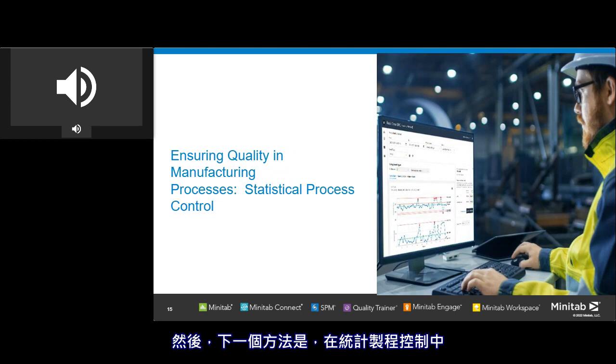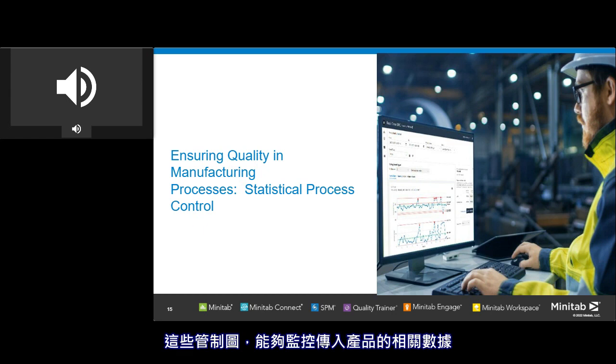And of course, the next way is within statistical process control. Perhaps this is the most well-known: when people think about control charts or say SPC, they're usually thinking about a manufacturing system, a manufacturing process, where the goal is to ensure quality and make sure the process is as efficient and effective as possible.